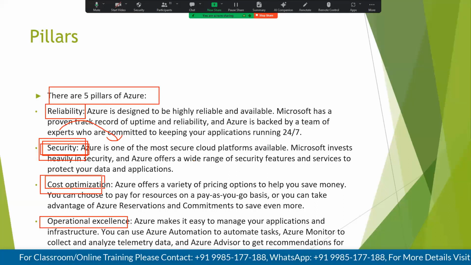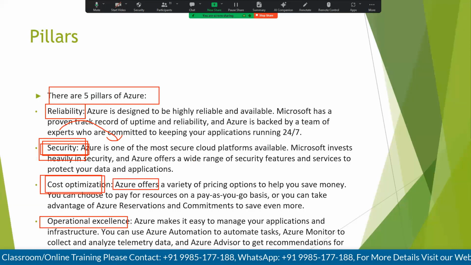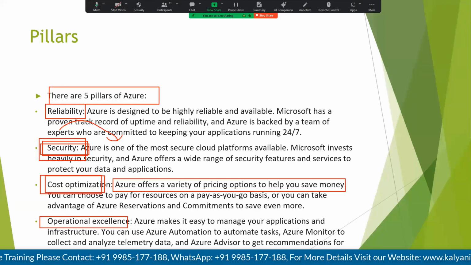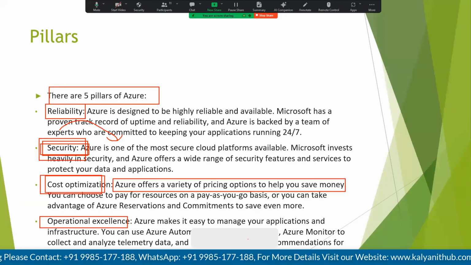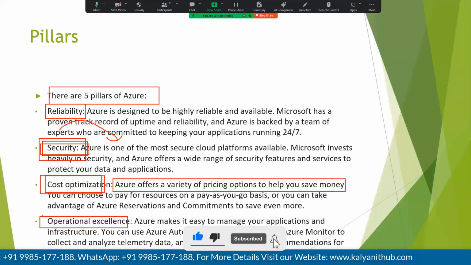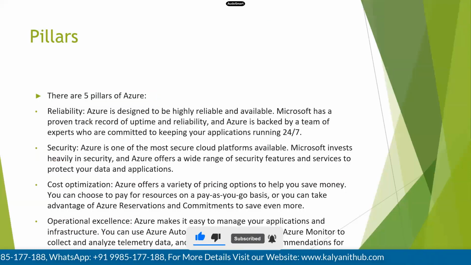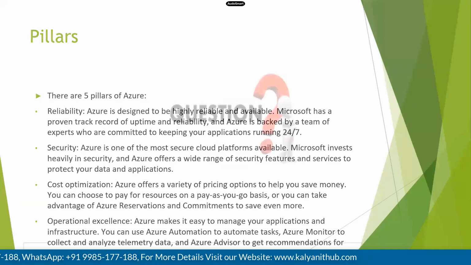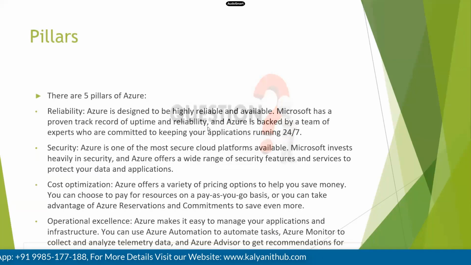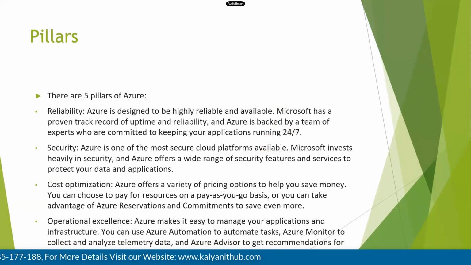Next, cost optimization. Azure offers a variety of pricing tiers based on your product and your business. You can acquire a subscription. Then operational excellence: if there is any mission critical or application critical issue, Microsoft is there to support and fix the issue immediately based on your requirement. This is about the five pillars of Microsoft Azure.